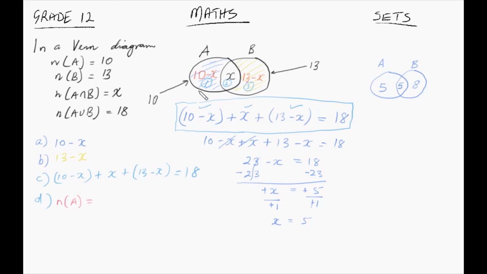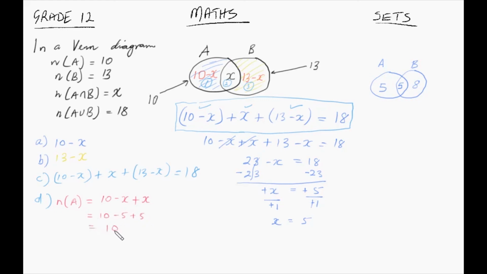Set A is not A only, but set A is this one. The number of elements there would be 10 minus x plus x, because it's this plus this. That means it's 10 minus 5 plus 5, because x is 5. 10 minus 5 is 5, plus 5 is 10.